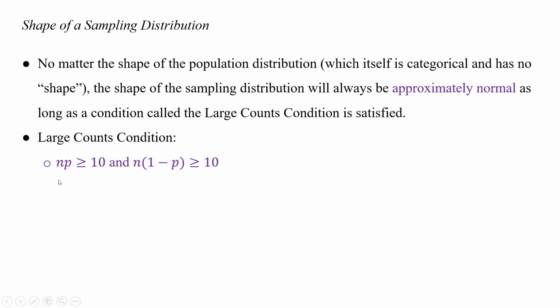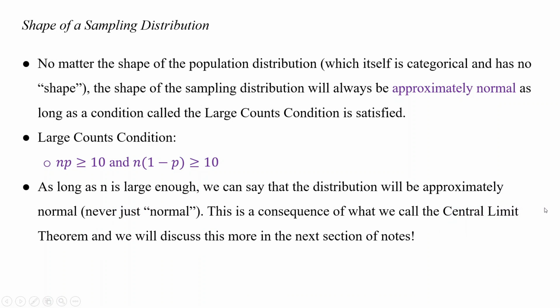Right? So basically it checks that the number of successes and the number of failures in our sample are both greater than or equal to 10. And this is checking basically to make sure that our sample size is large enough. When our sample size is large enough, we can say that the distribution will be approximately normal. We can never say it'll be exactly normal.